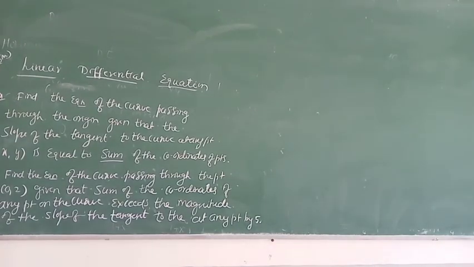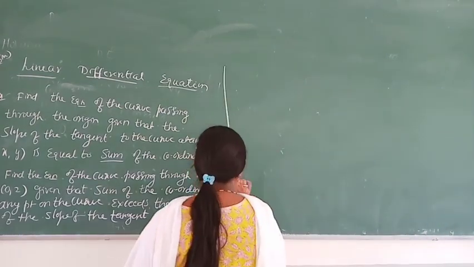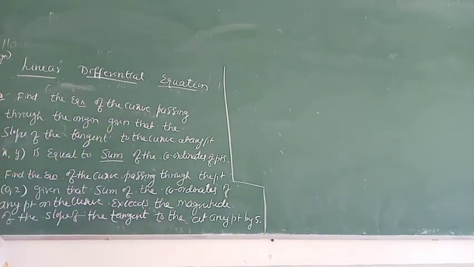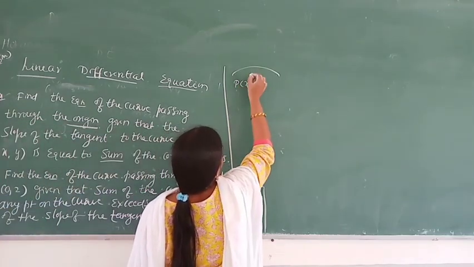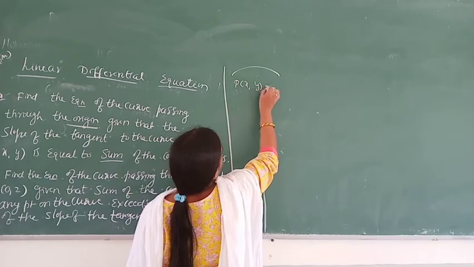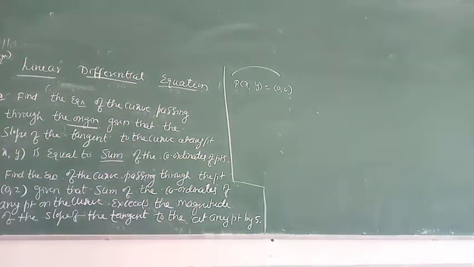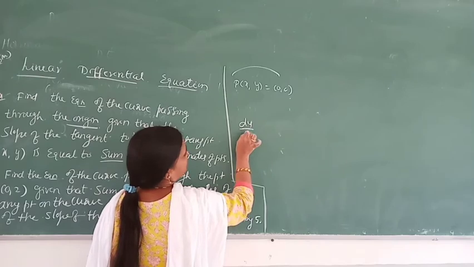See, the next example is mentioned here. Find the equation of the curve passing through the origin, that is P of x, y. It is given here, P of x, y is the curve which is passing through the origin, so x, y is 0, 0. Given that the slope of the tangent, we know that the slope of the tangent is dy by dx.